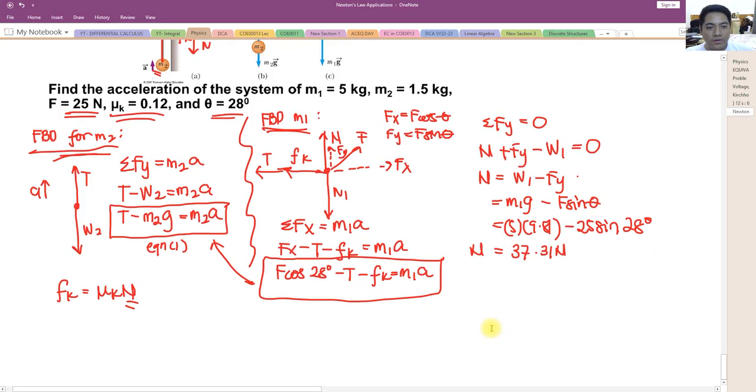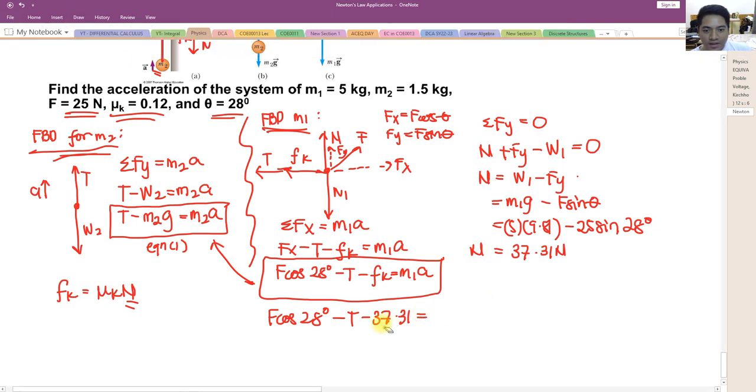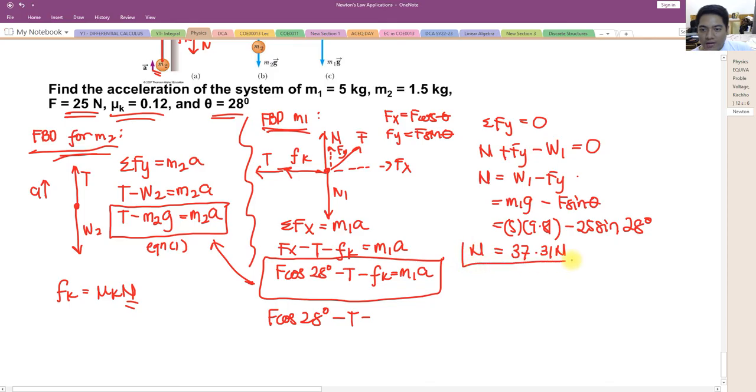So from our equation, we now have F cosine of 28 degrees minus T minus 37.31. Oh, I'm sorry, that is our N. That is not our fk. Need to be careful. This is only our N. To get the kinetic friction force, you have mu sub k, 0.12, times N, 37.31 newtons.